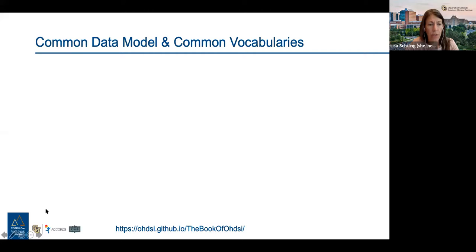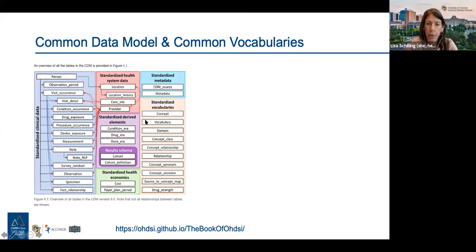So just to give an idea, when we talk about common data models and common vocabularies as a way to harmonize information, what are we talking about? This is a visual of the OMOP common data model. And I'm not going to go into this in detail, but if we start at the left, this is what's called the standardized clinical data.